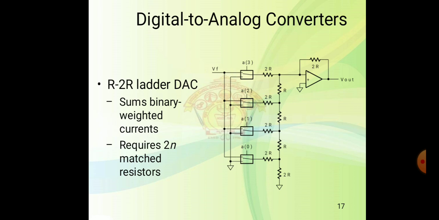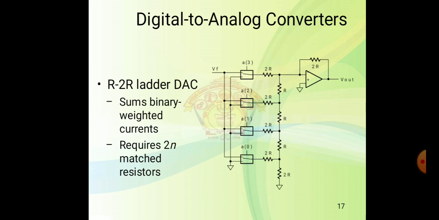The output of this ladder network is given to an inverting amplifier. The currents sourced into the input node of the op amp when the switches are in the one position are binary weighted.